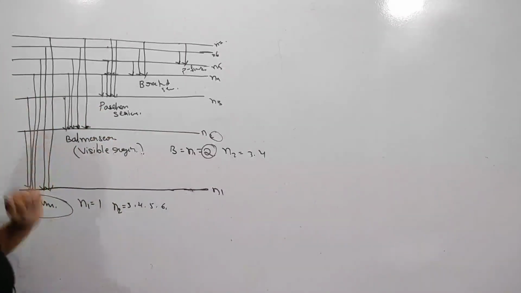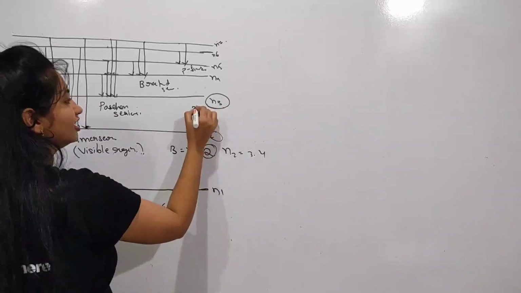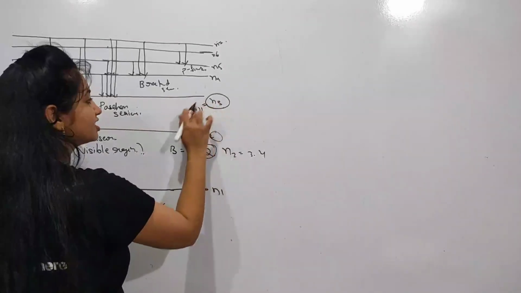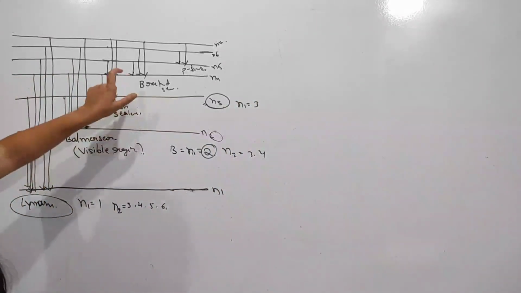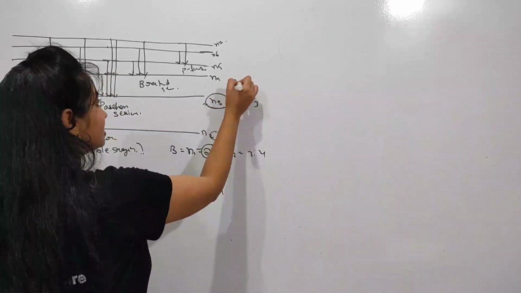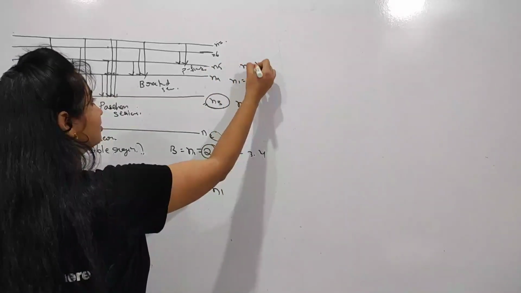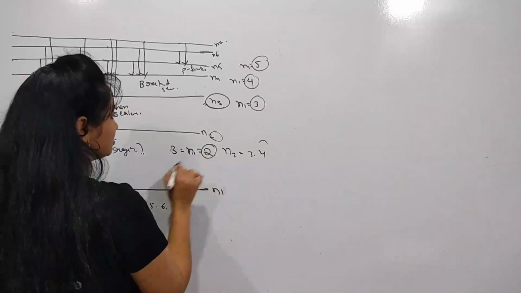Next, for the Paschen series, n1 equals 3. For the Brackett series, n1 equals 4, and for Pfund, n1 equals 5. Just remember these values.